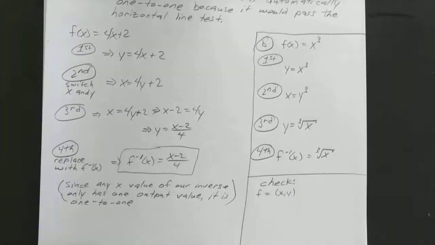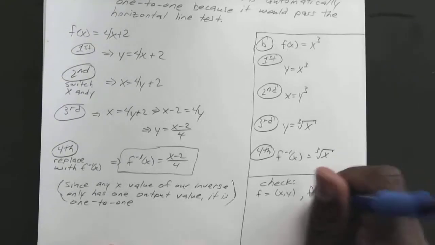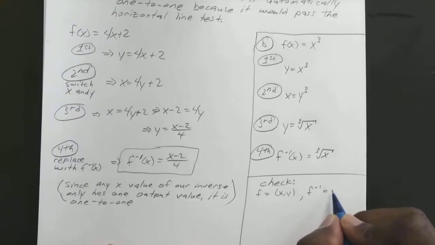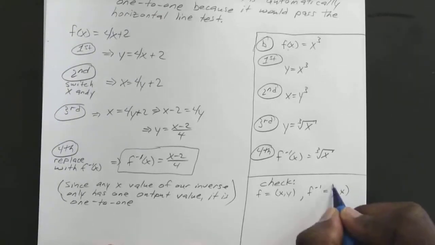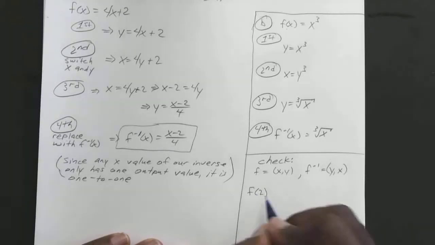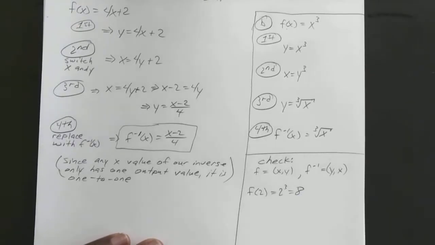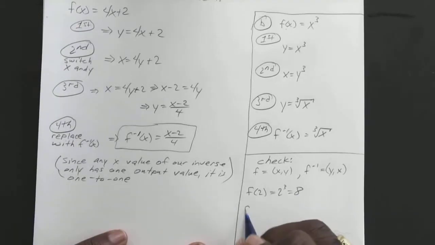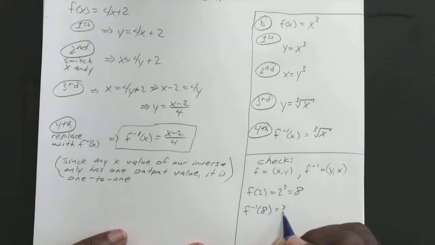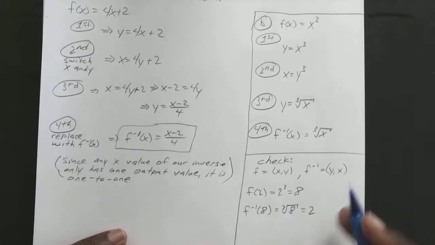Okay. So you can always check it if you want. You just have to remember that a regular function is going to have an xy solution, and your f inverse is going to be yx. All right. So let's say if we have f of 2, remember that's 2 to the third, which is 8.